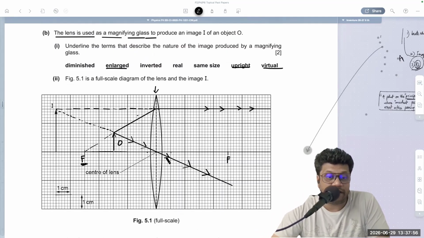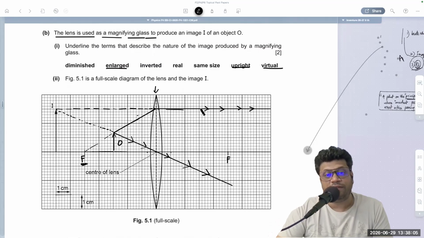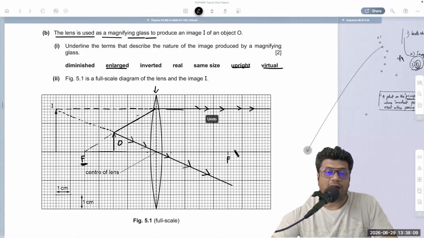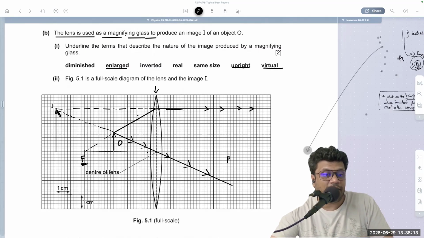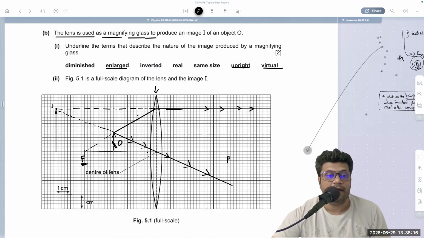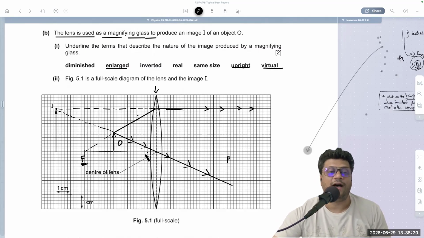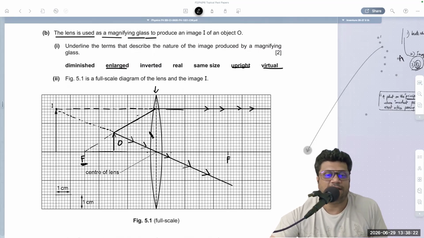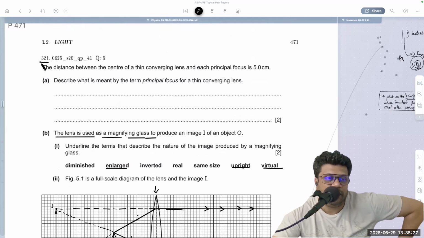A ray of light which passes through the center should go undeviated. A ray of light which looks like it comes through the focus should come out parallel. Both of them are actually diverging away from each other. Where are they meeting? They look like they're coming from here, on the same side as the object. So that is how you're going to do this question. A very nice one, this one, 321 from the P4 book.